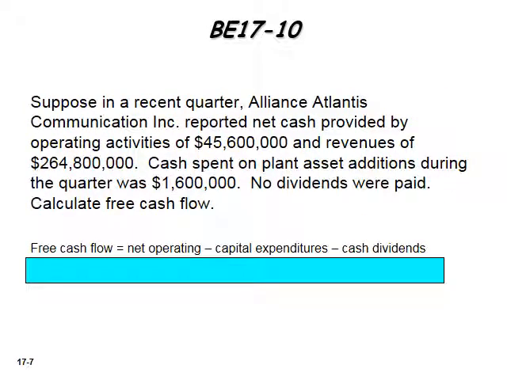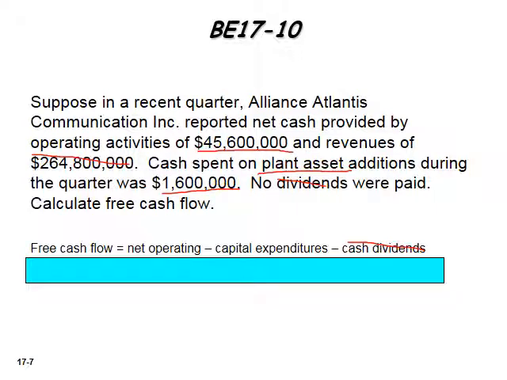Okay, in the recent quarter, Alliance Atlantis Communications had net cash provided by operating activities of $45,600,000. They had revenues of $264,800. Don't really care. Cash spent on plant asset additions, so those would be capital asset expenditures, was $1.6 million, and there were no dividends, so the dividends are zero.